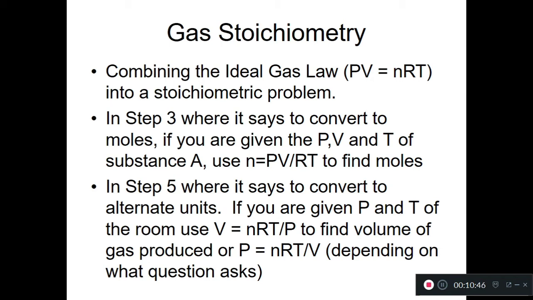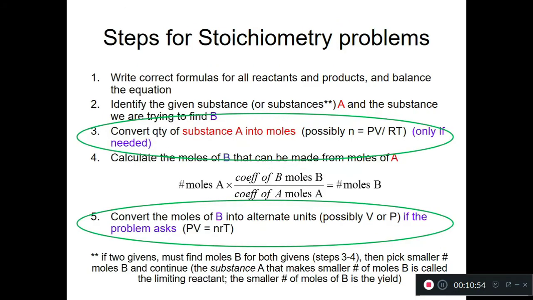So same set of steps. We might use the ideal gas law to deal with the moles in steps 3 and 5. Again, remember, the stoichiometry problem steps always begin with a good balanced equation. Don't skip that step. It's amazing how that can get you in a lot of trouble.